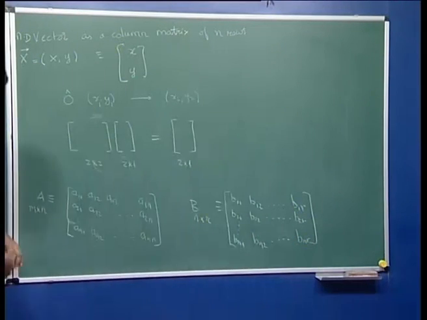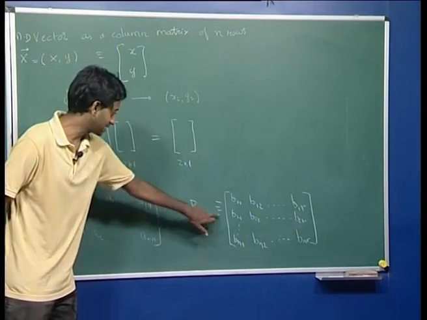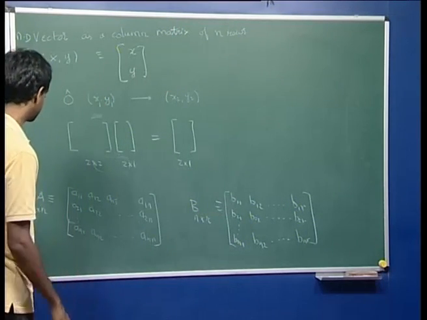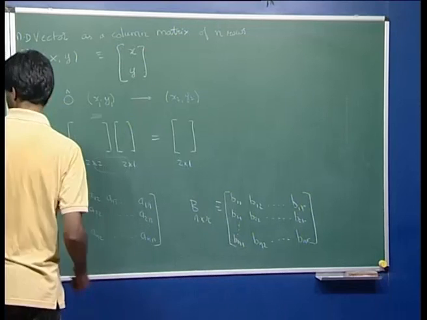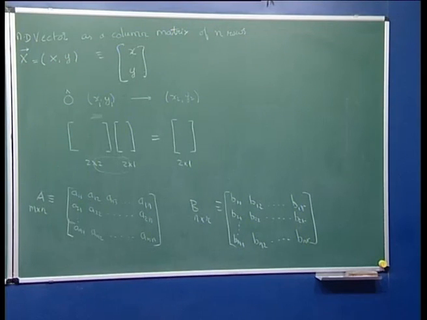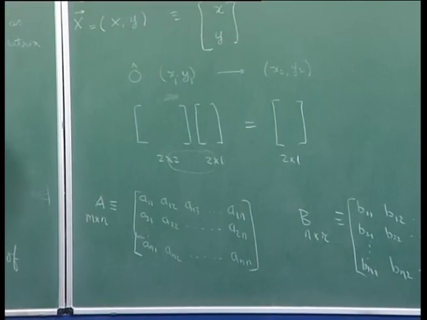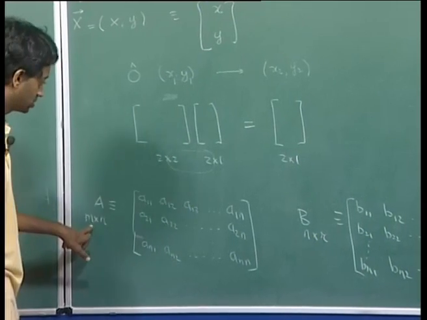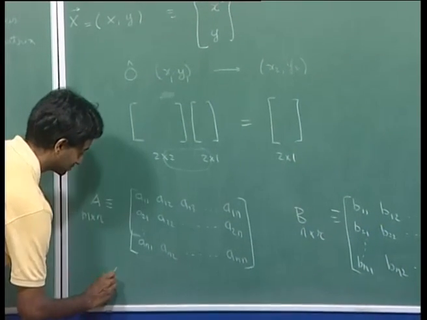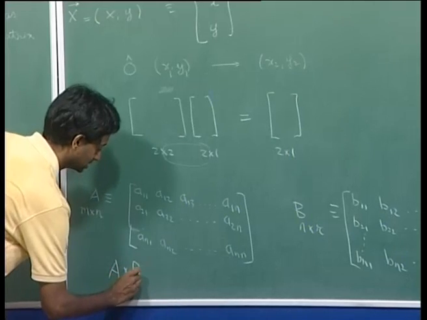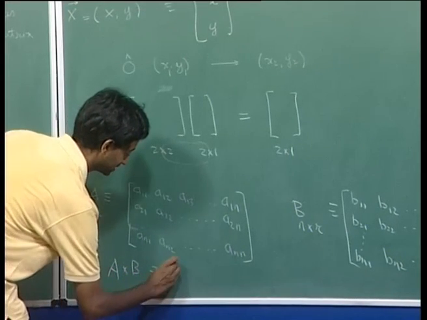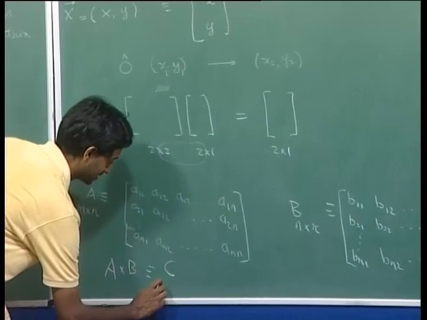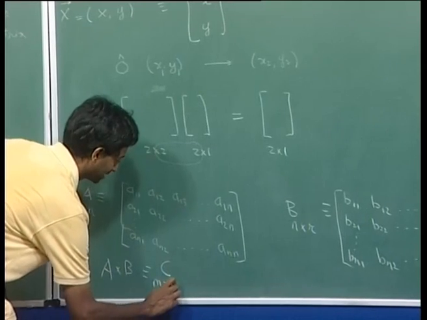Okay. So an m by n matrix A can be multiplied to an n by r matrix B, and the resultant matrix A times B is an m by r matrix. Okay. So what we will see is that A times B gives C, where C is an m by r matrix.